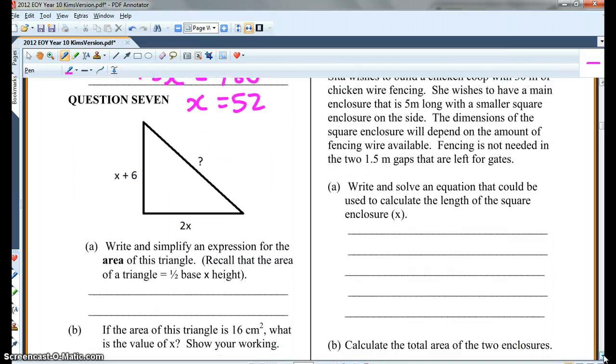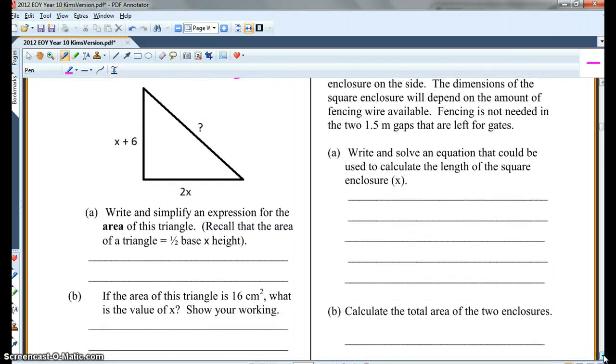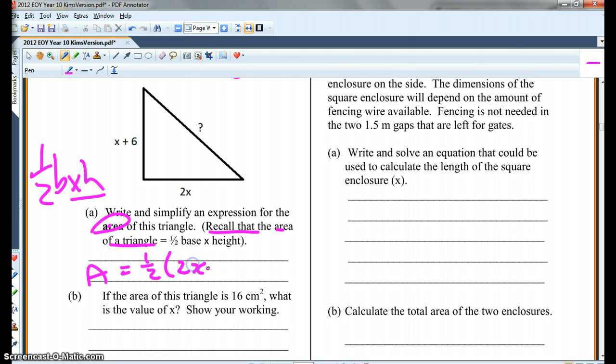Next one, write and simplify an expression for the area of this triangle. So that's going to be half base times height is the area. Recall that area, oh, they've given you that. So area equals a half times 2x times x plus 6.